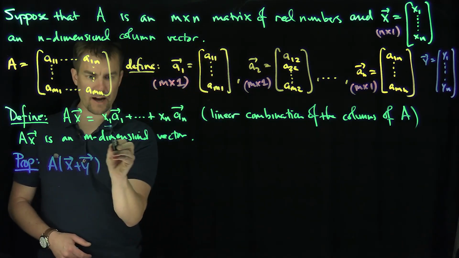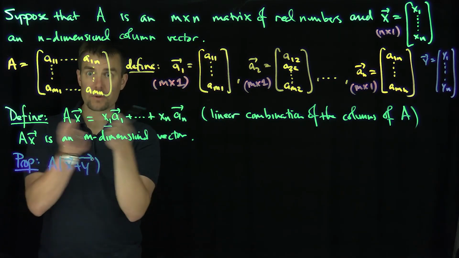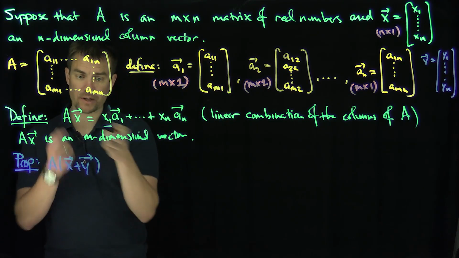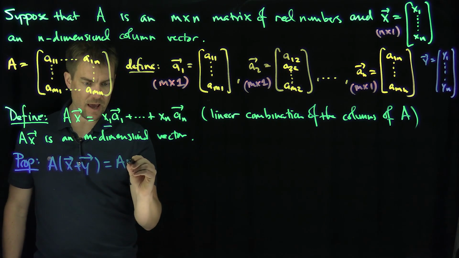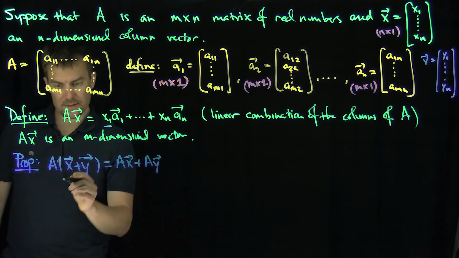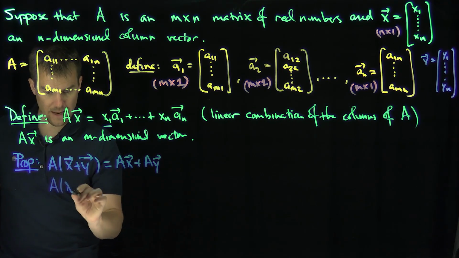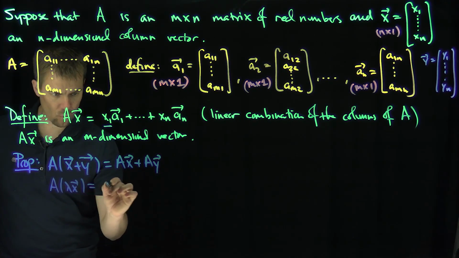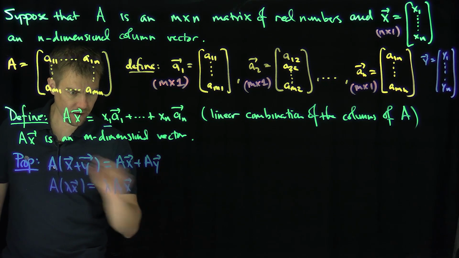So I'd have an x1 plus y1. That would distribute to the A1 with an x1 A1 and a y1 A1. So this is exactly equal to Ax plus Ay. And the second is that A of lambda x will be lambda A of x.